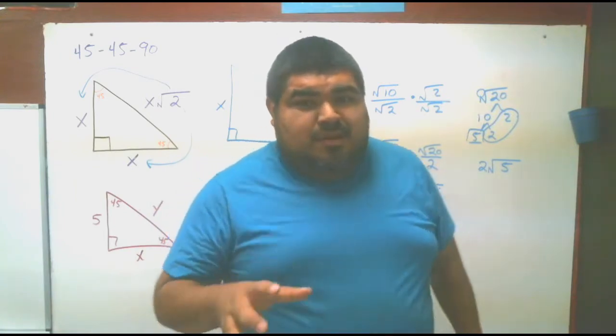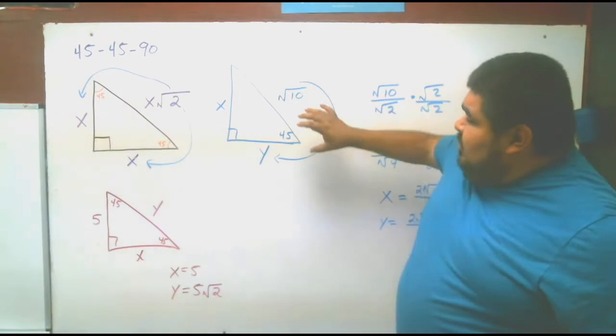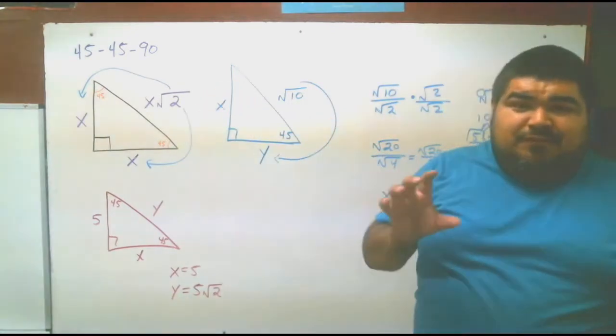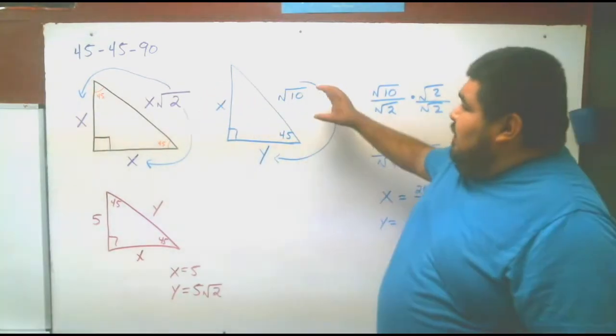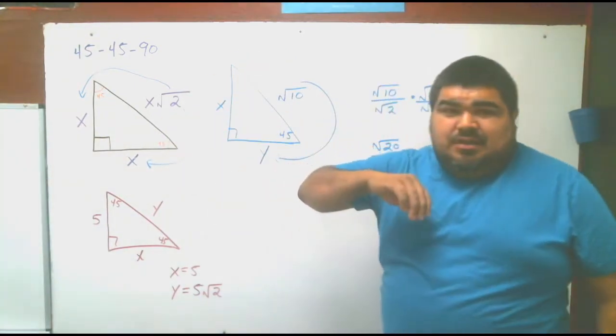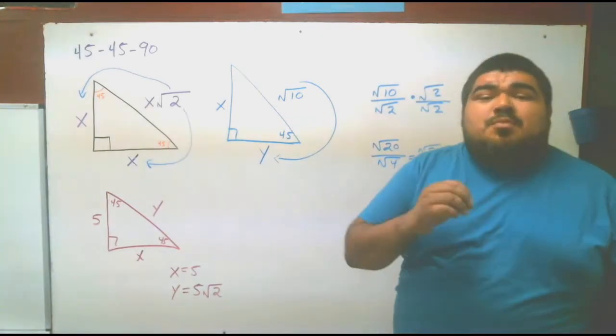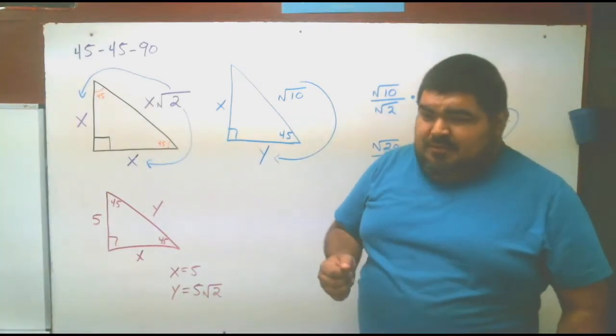So remember, whenever you go from your hypotenuse to one of the sides, on the 45, 45, 90 only, you divide by radical of 2. If you go from one of the sides to the hypotenuse, you multiply by radical of 2.